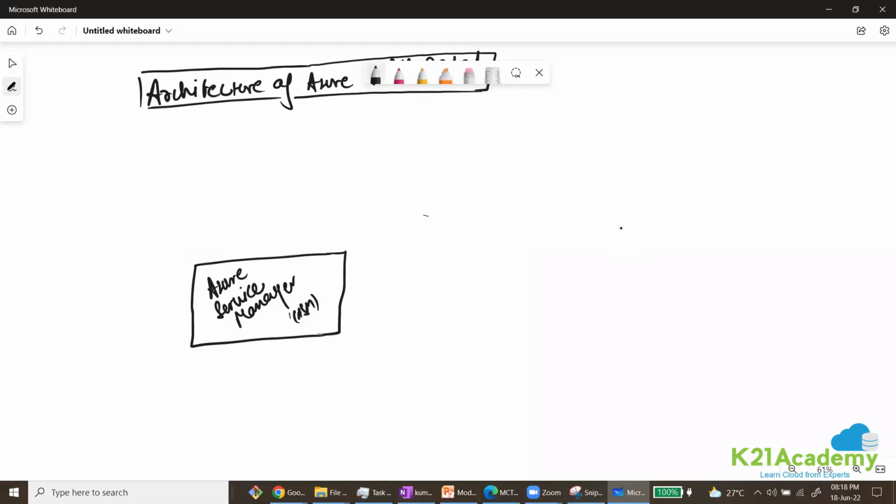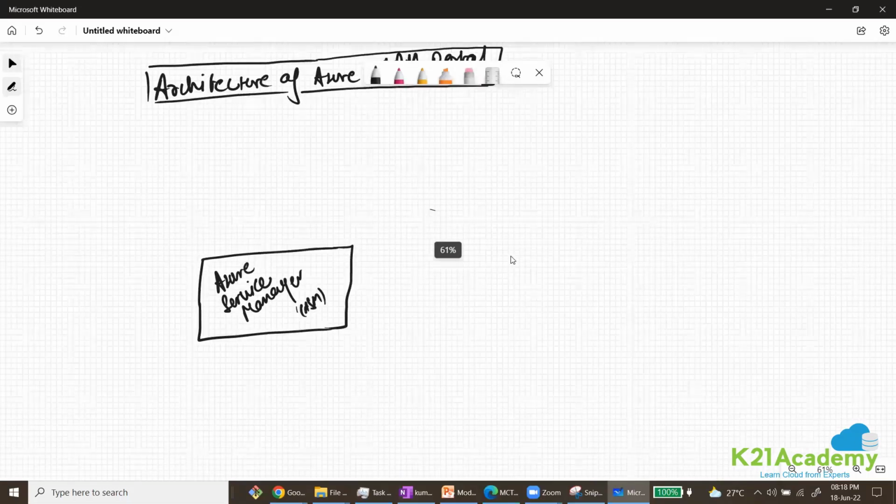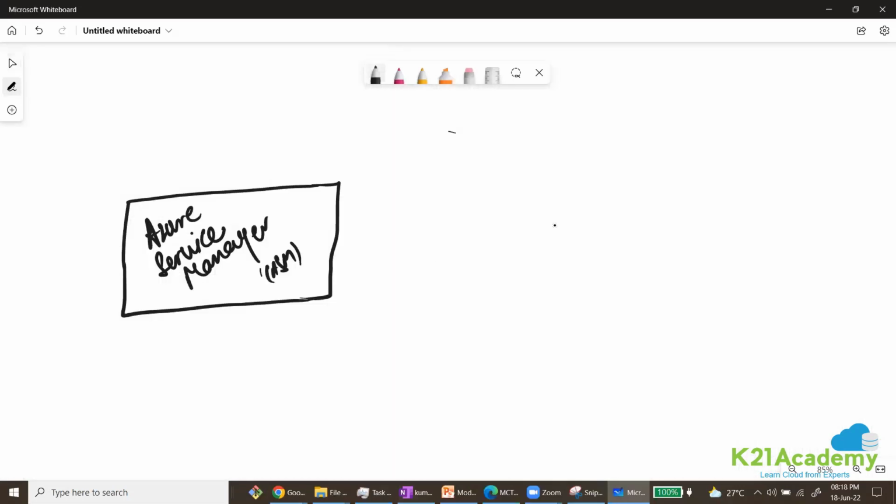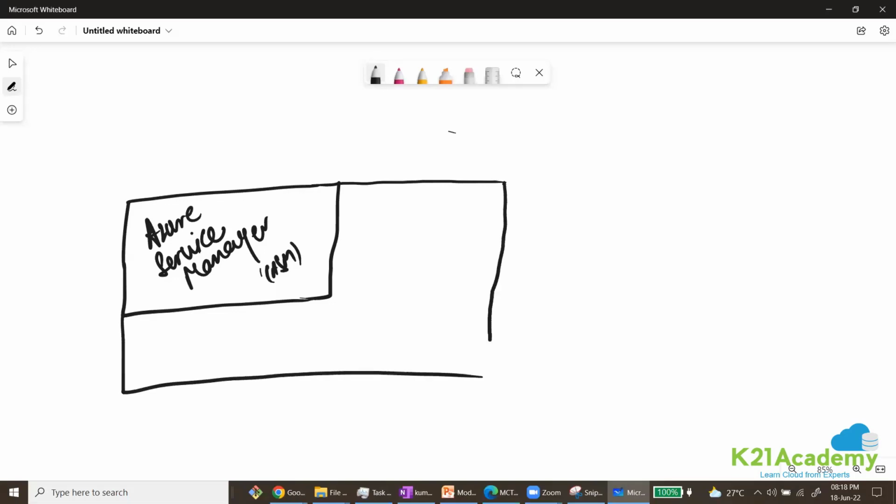Azure developed a new portal on top of this Azure Service Manager portal. Now we call it the ARM portal, the one we see when we log into portal.azure.com, also called the Azure Resource Manager portal.